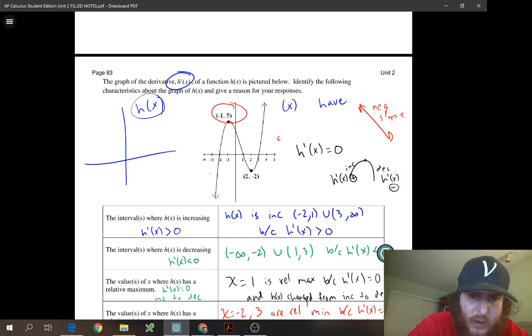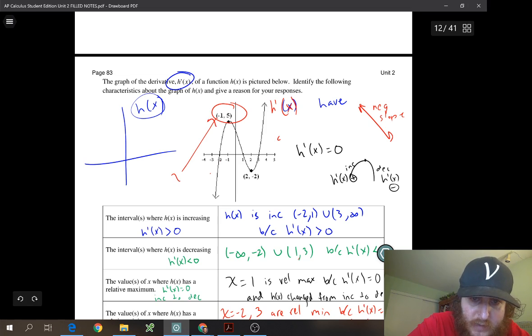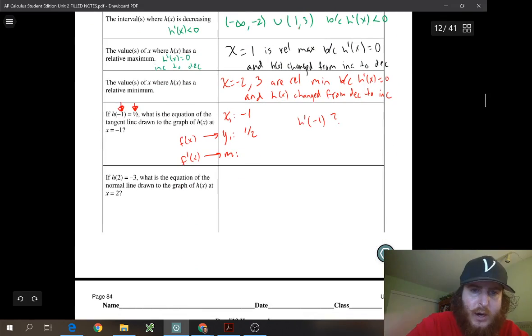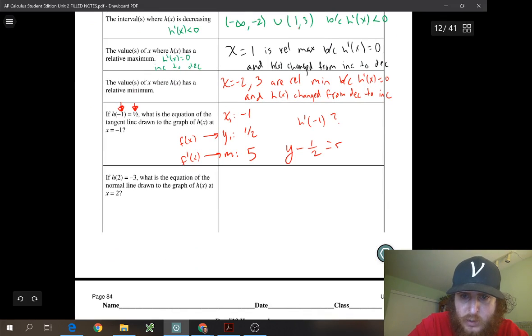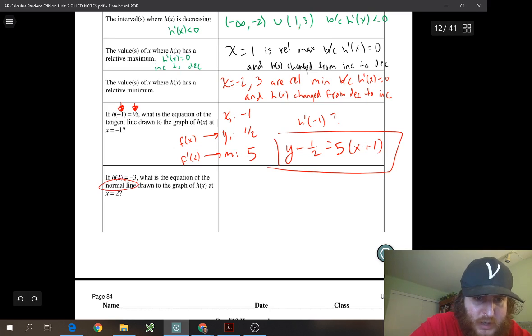When we see -1, 5, because we're on the graph of h prime of x, this is saying that when x1 is -1, h prime of -1 is 5. That's what that's saying. So our m is going to be 5. So our equation would be y minus 1/2 equals 5 times x minus -1 or x plus 1.